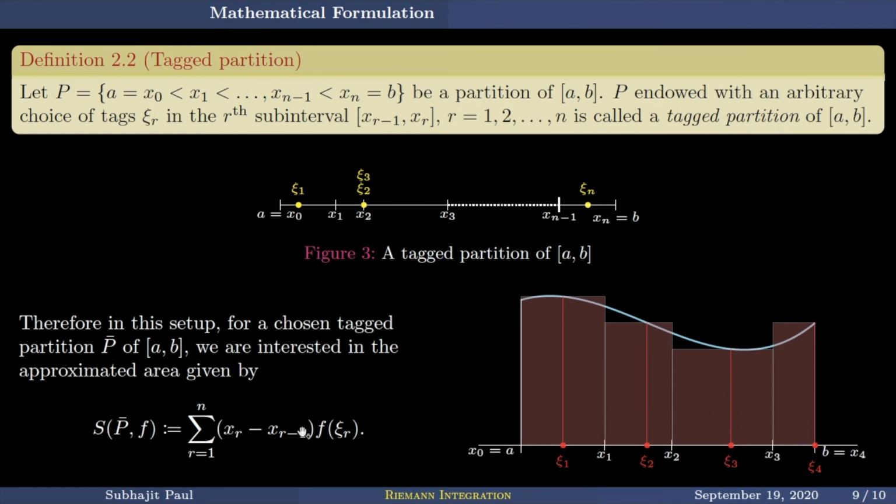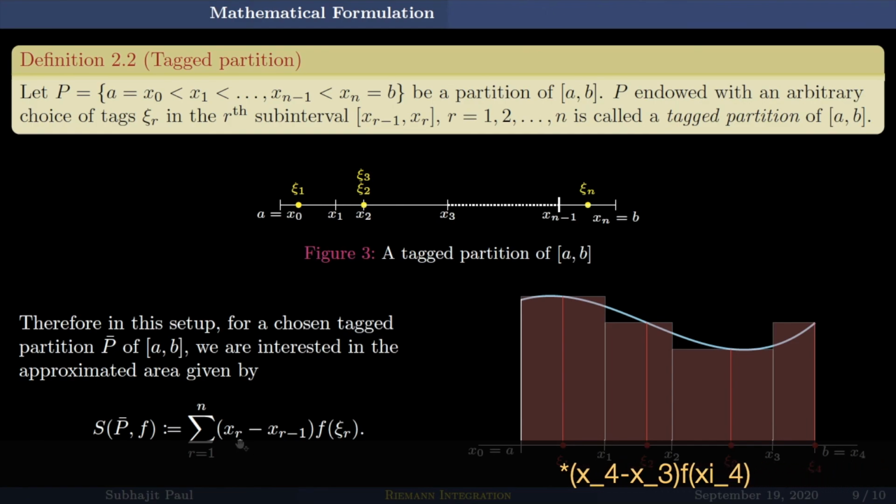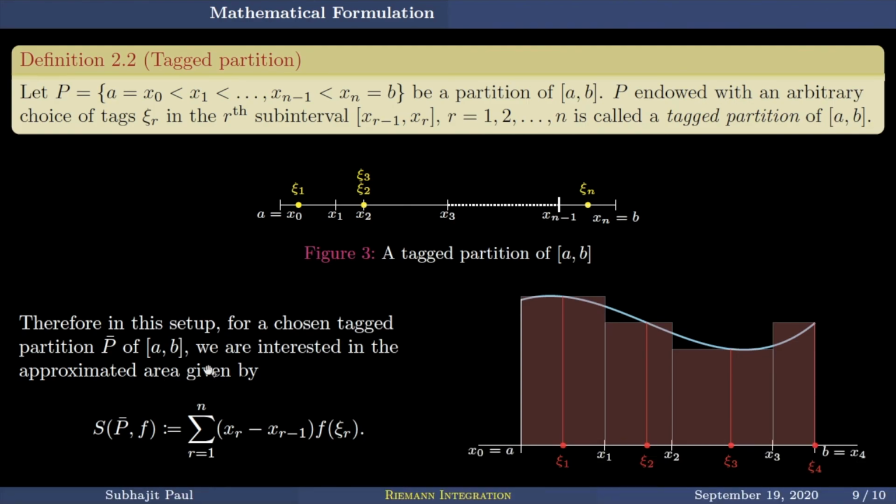For r equal to 3, it gives me x3 minus x2 times f at xi3. This is the area of the third rectangle. And lastly, for r equal to 4, it is x4 minus x3 times f at xi4. This is the quantity we are targeting to handle in this formulation.